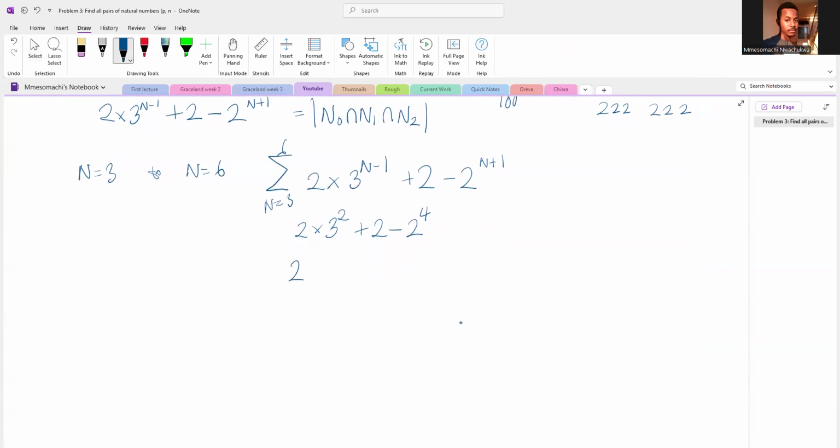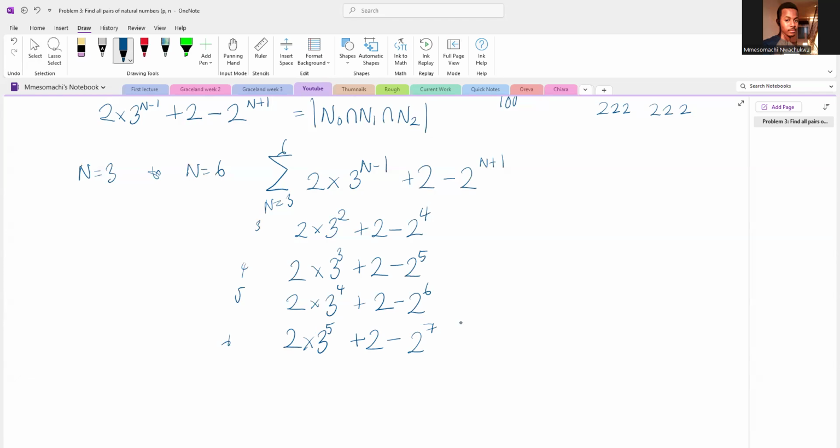Plus 2 times 3 cubed plus 2 minus 2 to the power of 5, plus 2 times 3 to the power of 4 plus 2 minus 2 to the power of 6, plus 2 times 3 to the power of 5 plus 2 minus 2 to the power of 7.